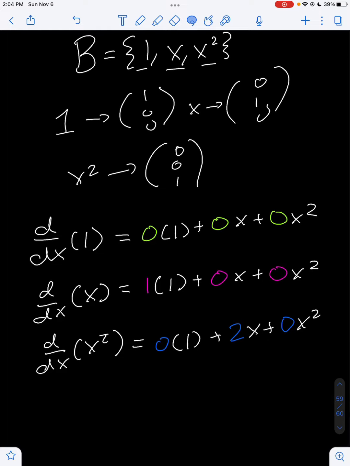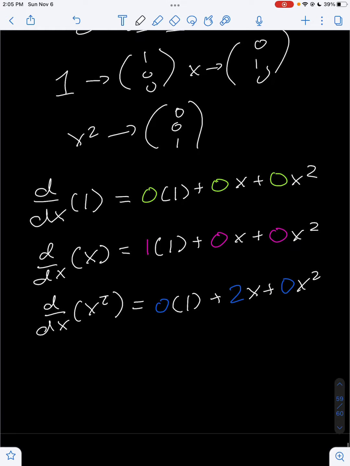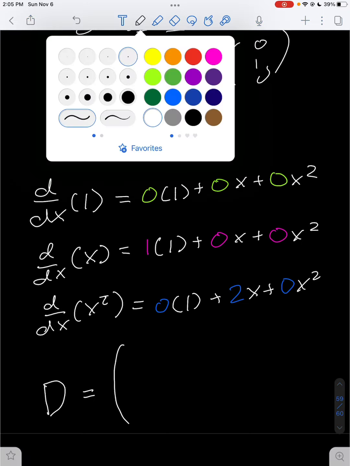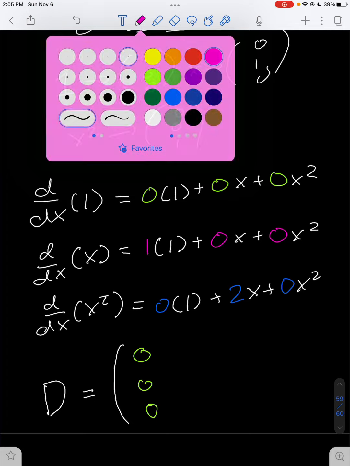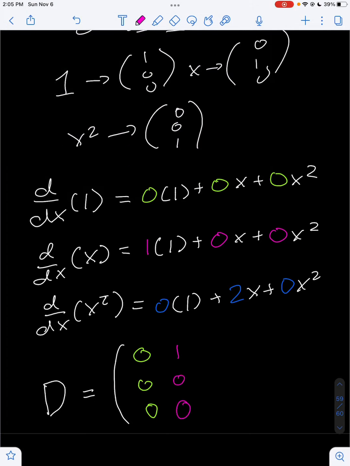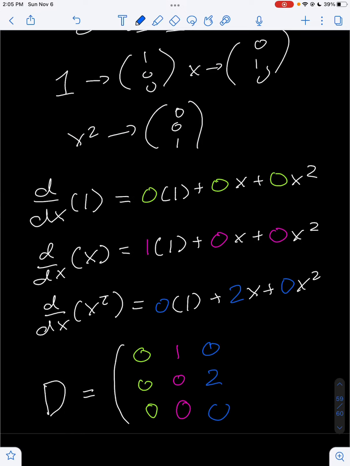Now what I've done is I've color-coded the components of the results of the derivative acting on each of these basis vectors. And the matrix form of the derivative, which I will call just big D, is going to be [0, 0, 0], [1, 0, 0], and then [0, 2, 0].